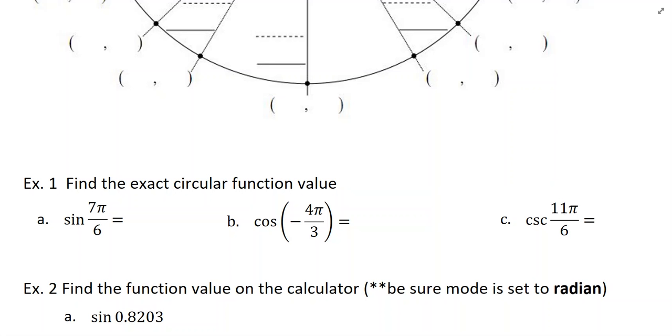Okay, so if I wanted to know what the sine of 7 pi over 6 is, first of all, I'm going to think 2 things. What's the reference angle for 7 pi over 6? Pi over 6, okay, I'm getting thinking on here, right? What quadrant is 7 pi over 6 in? Third quadrant, so sine has to be negative, right? So now I know, because I just folded down pi over 6 in my hand, that the sine of 7 pi over 6 is going to be negative 1/2.